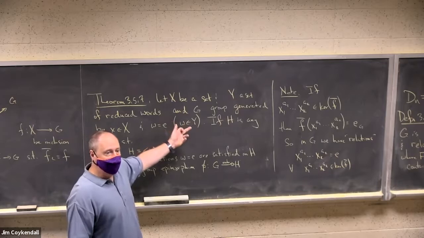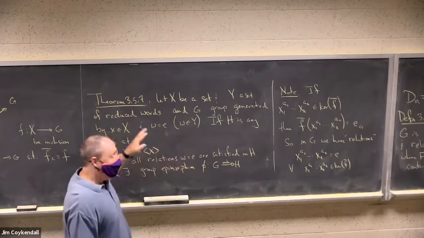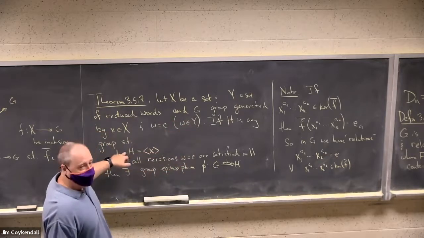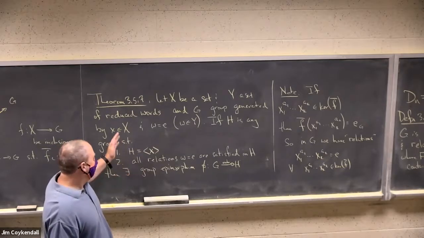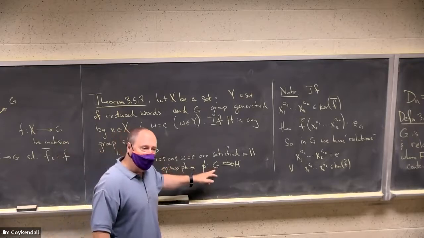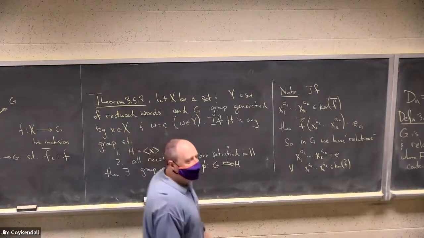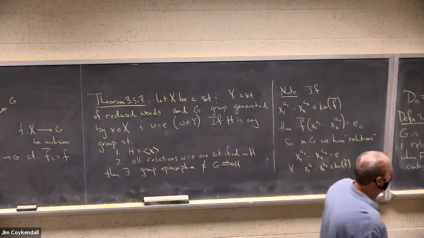That's the biggest group possible that satisfies this. If you have any other group that's generated by that set and satisfies all the relations, then there's a homomorphism from G onto that. Let me give you a silly example, right?